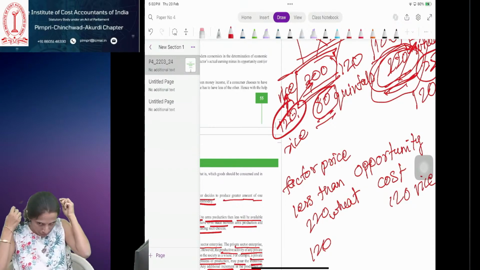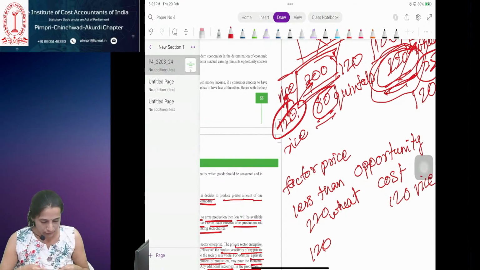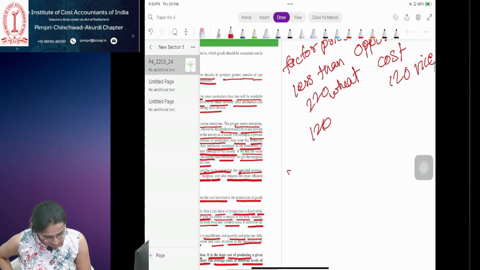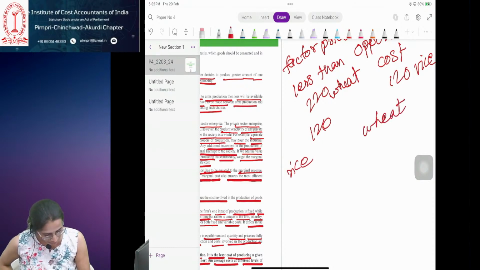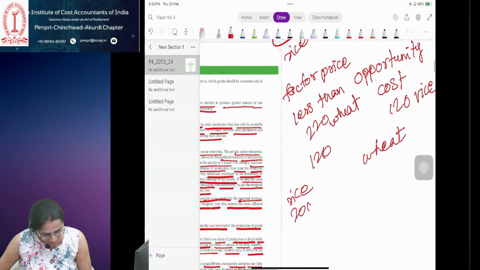What were we discussing? Yes. So in this example, rice and wheat. Previously we were producing 200 quintals of rice.